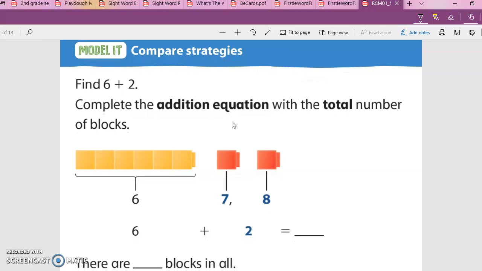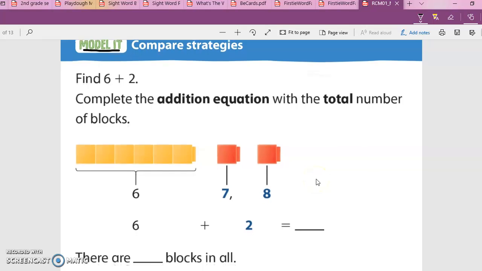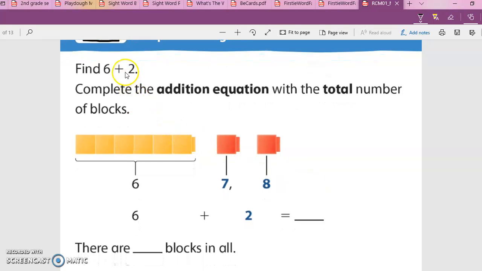All right, so you have this page too. It says model it up here, and your page will say model it as well. It says find 6 plus 2. This is the same question that we just solved. This is just showing you different strategies that you could use. So for this one, it says complete the addition equation with a total number of blocks. So they showed you 6 blocks and 2 red blocks.